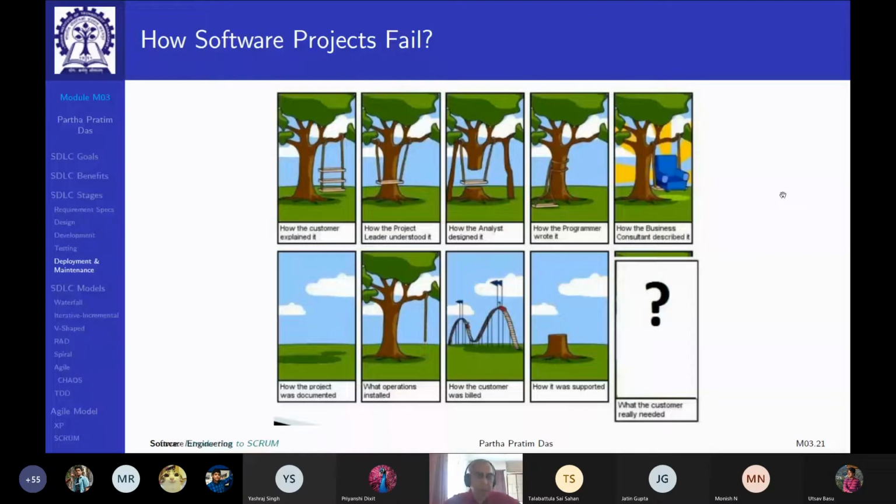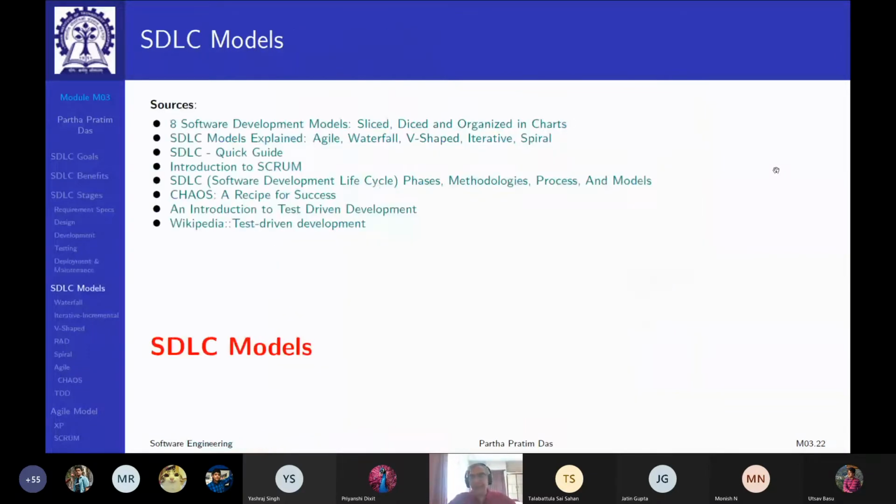Now, SDLC is not a unique process. The stages that we have identified are activities that will have to be done. But how you do that, in which granularity you do them, and how often you revisit an earlier stage, all these are driven by different models of development that have evolved.